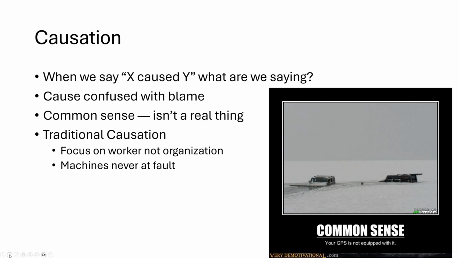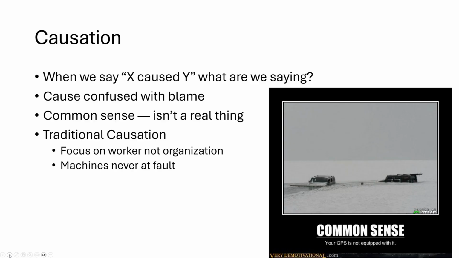So looking at traditional causation, sometimes you'll hear it as traditional versus modern, sometimes you'll hear Safety 1, Safety 2. But if we look at the older paradigms of causation, there was a focus on the worker, very rarely on organizational or broader contextual factors.